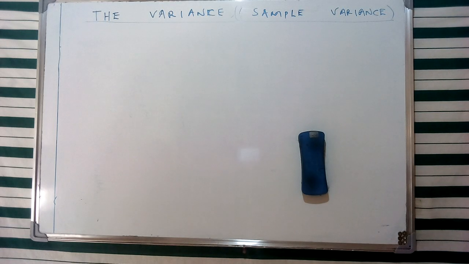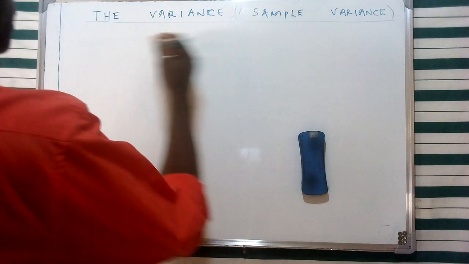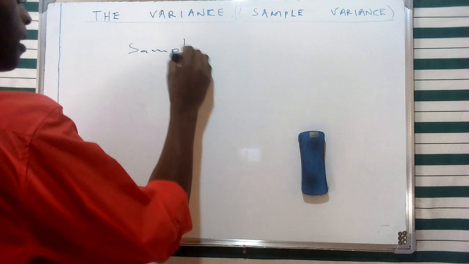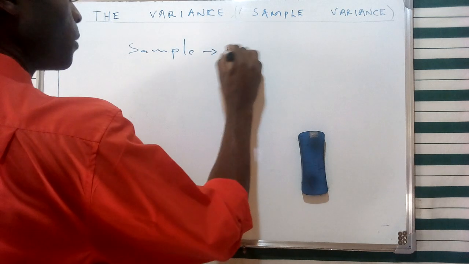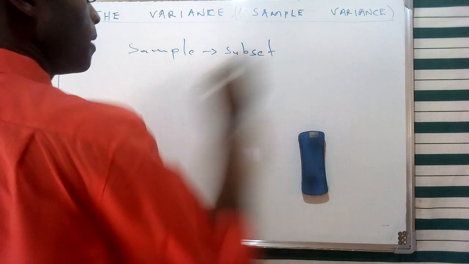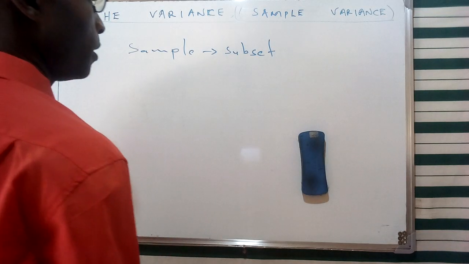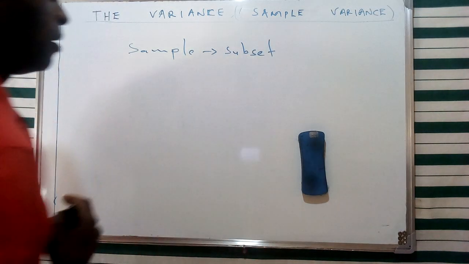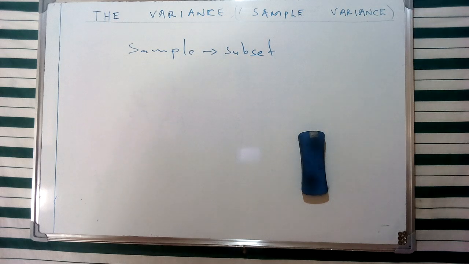A sample forms a subset of this population, which is going to represent the particular characteristics of the whole population. This can be done using the sampling techniques which we mentioned in our previous video.